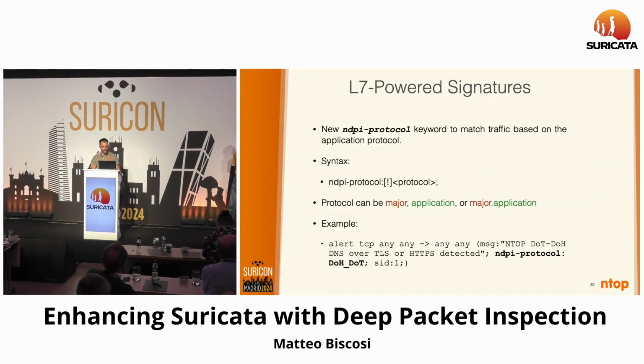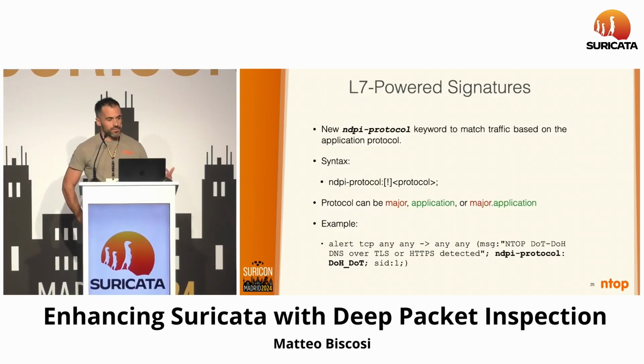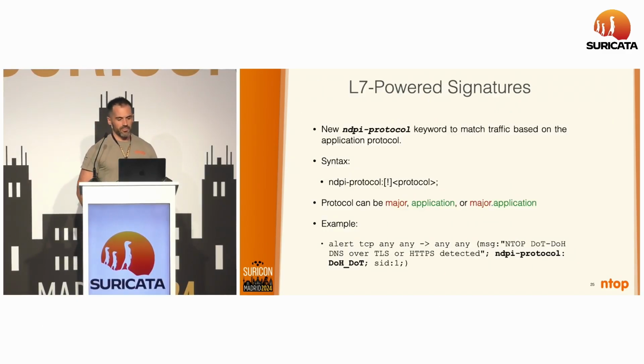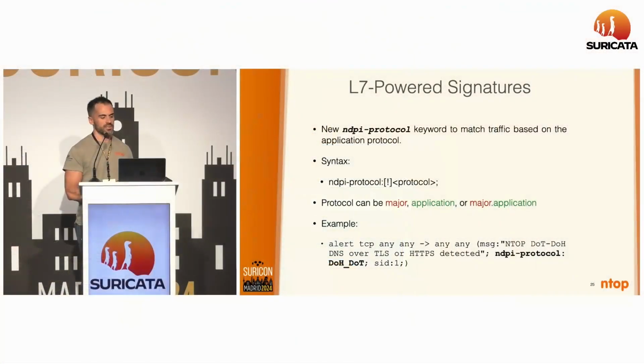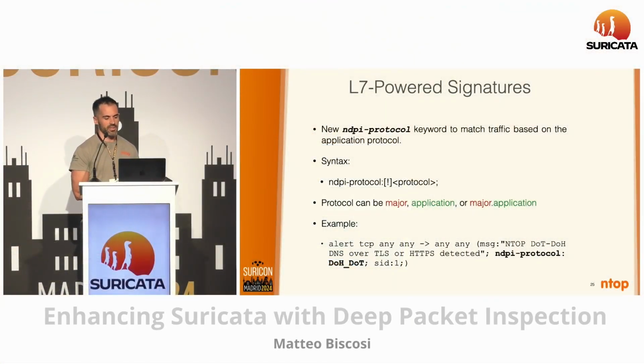And in addition to the metadata coming from Suricata, we also introduced new keywords that you can use when writing signatures. For instance, the first one is ndpi-protocol, that lets you match traffic based on the layer 7 protocol detected by nDPI.